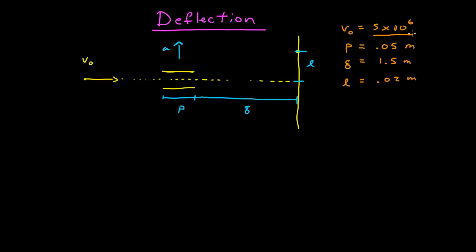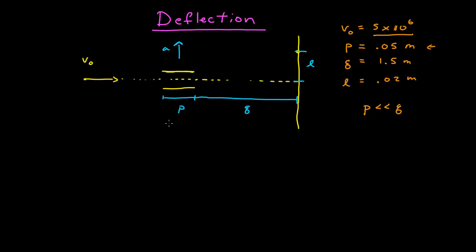So that sets the scale of what's going on. The v is very fast, about 100th of the speed of light. This region, P, is much, much smaller than Q. The distance outside the plates is much longer than the distance within the plates.